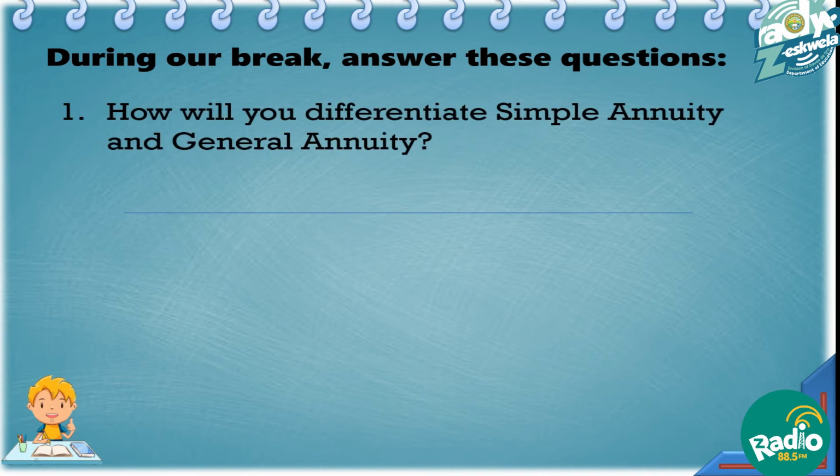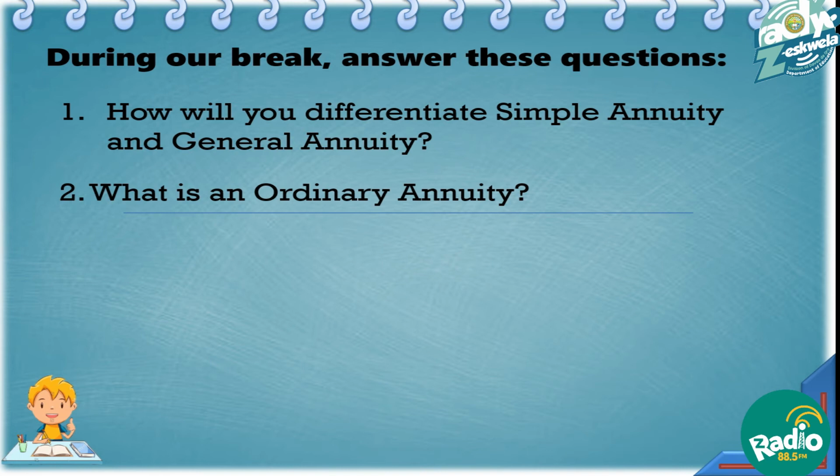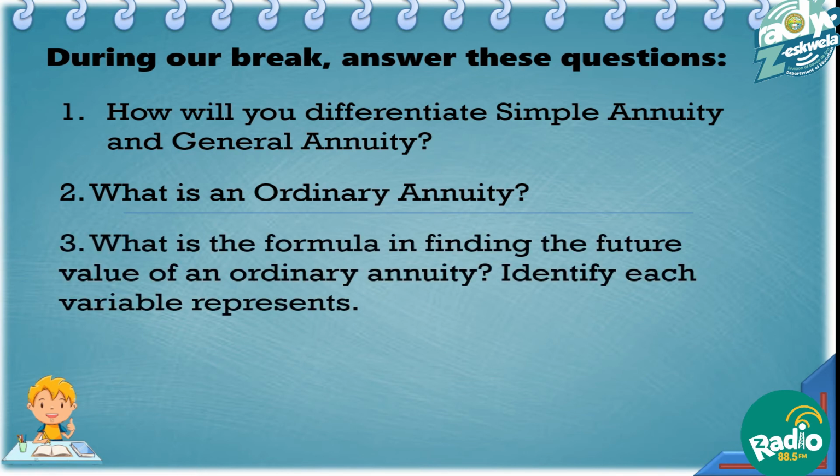Number 1. How will you differentiate simple annuity and general annuity? Number 2. What is an ordinary annuity? Number 3. What is the formula in finding the future value of an ordinary annuity?